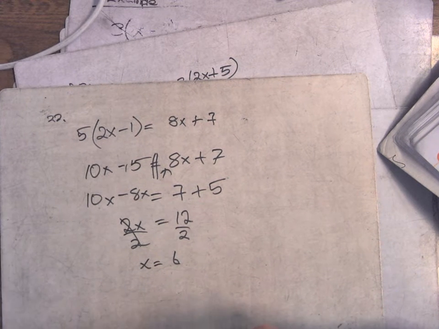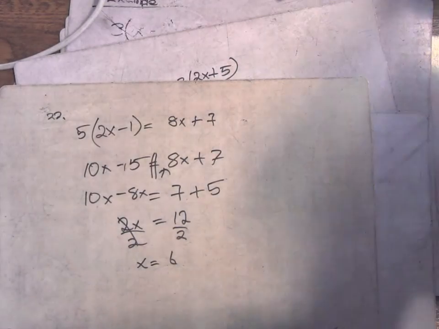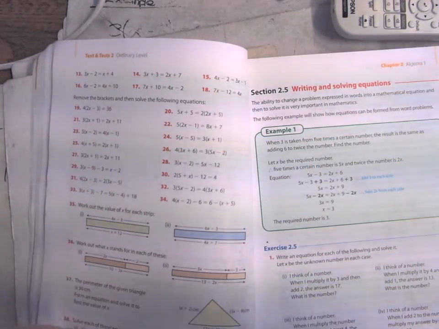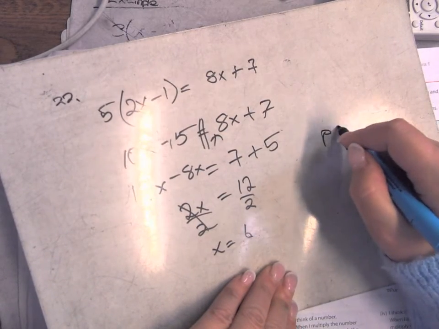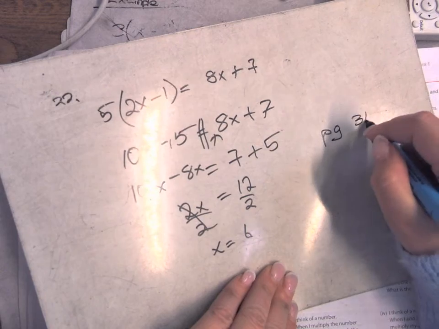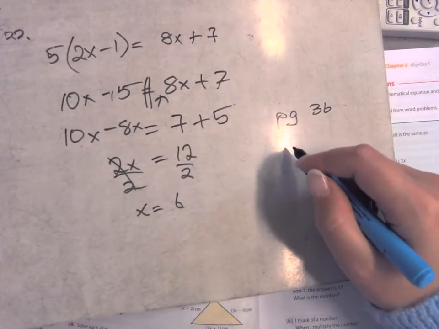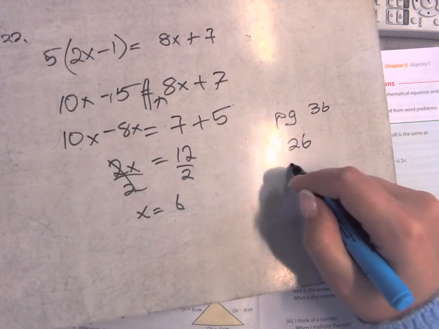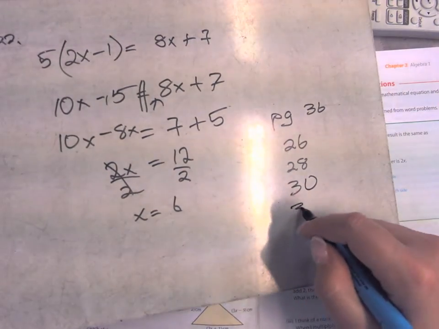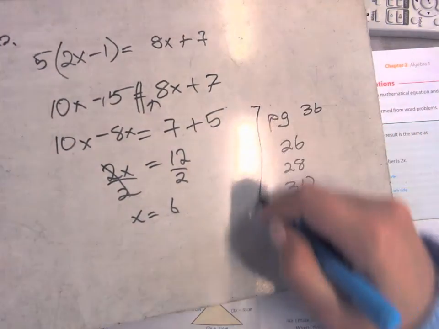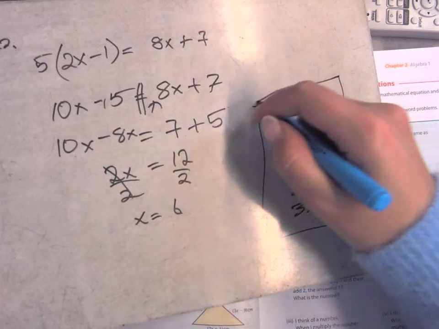Right, okay. So, this is the first part of your homework for tonight. This is page 36. 24 you say you all got right. So, let's do 26, 28, 30, and 32. Now that's the first part of your homework. There'll be another small bit in a minute.